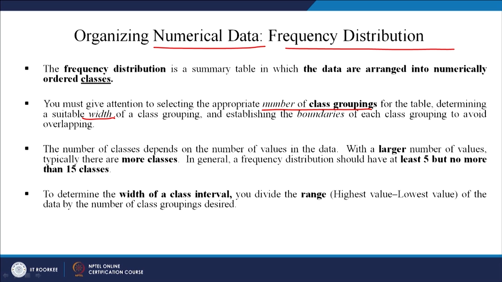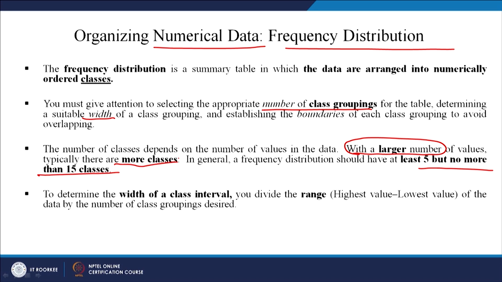You can have different numbers of classes, but the preferred range is 5 to 15 classes. So, whenever you have a data set, you can have anywhere from 5 to 15 classes. If the number of data points is very large, then you can have more classes.